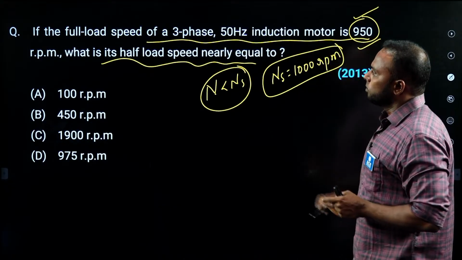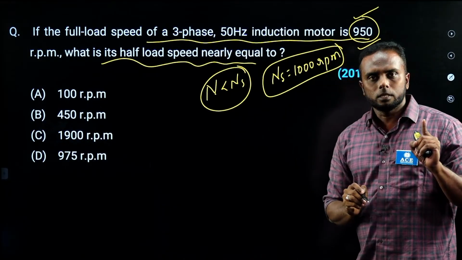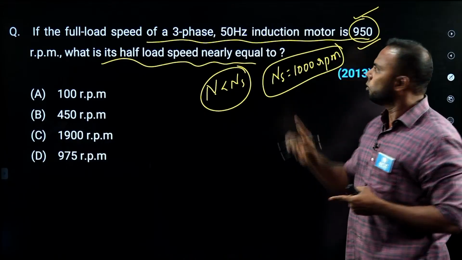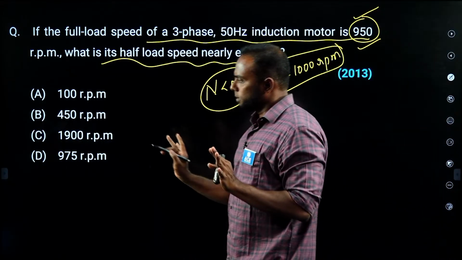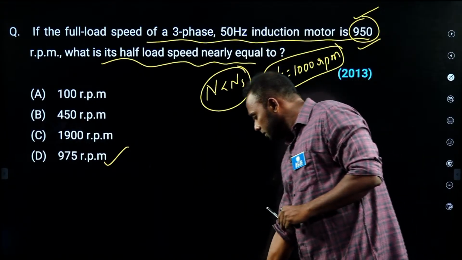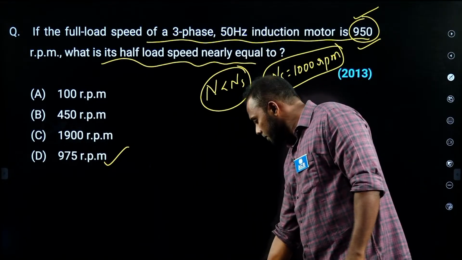Now full load speed 950, so what is the half load speed? When load decreases, speed definitely increases. So more than 950 but less than 1000, which is the only such option here. Option D it is. Right.